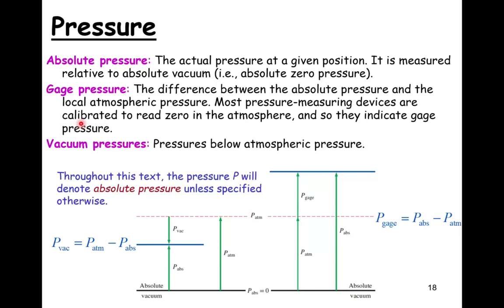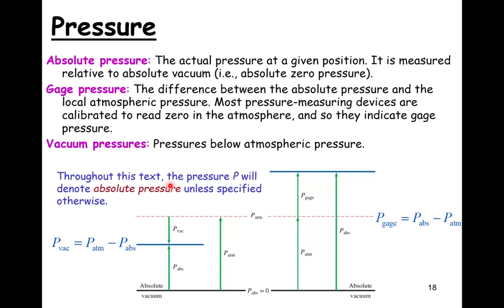Now, what is the gauge pressure? If we measure pressure relative to atmospheric pressure, it's a gauge pressure. For example, where we stand now, the atmospheric pressure is 1 bar. So if we measure pressure with respect to this 1 bar, this is called gauge pressure.